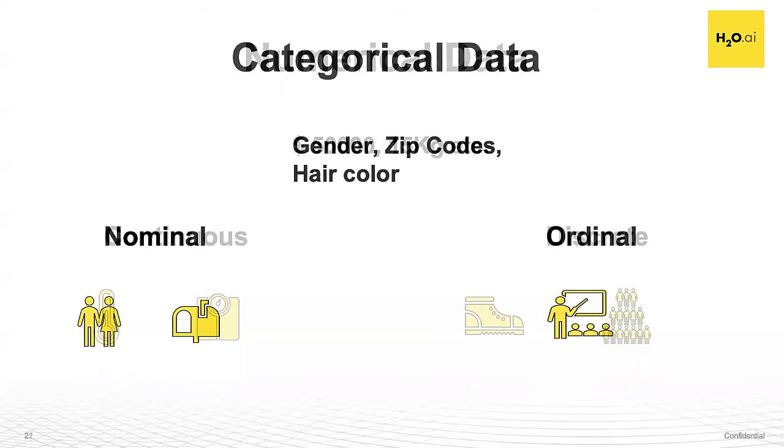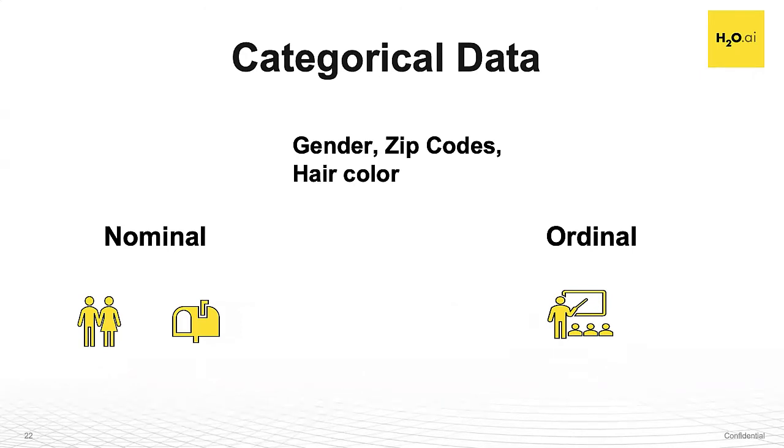Similarly, we have categorical data. So categorical data represents characteristics. So it could be a rugby player's team, or zip codes, or hair color like black, brown, white, gender, male or female. Now this categorical data can also be assigned some numbers.